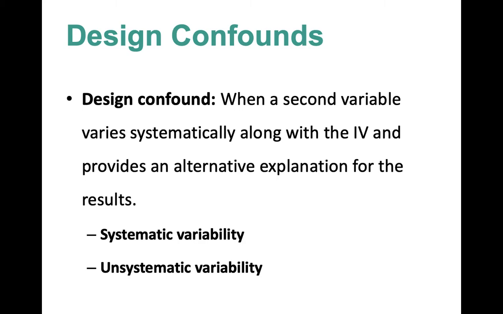That is not a design confound. That's something that could produce some amount of error, and it could mess up your ability to detect differences in your results. But people naturally or spontaneously choosing what kind of pasta they want doesn't vary systematically with the IV. So it's not a confound.